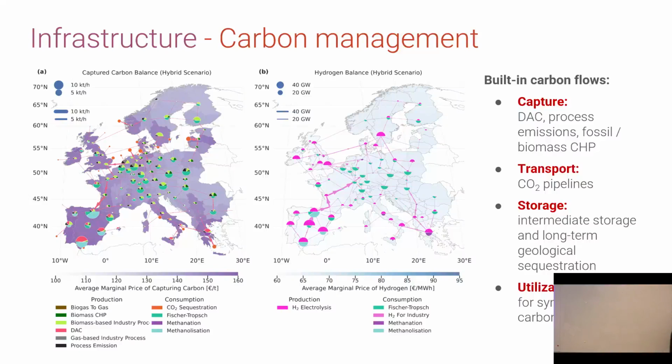So in the transportation model, or in any sector, there's a demand for, let's say, aviation. We say there's a demand for kerosene. This demand needs to be fulfilled, and this can be fulfilled with a fossil fuel or with a synthetic fuel. Yeah, this needs to be fulfilled, but at the same time, the CO2 global constraint needs to be fulfilled.